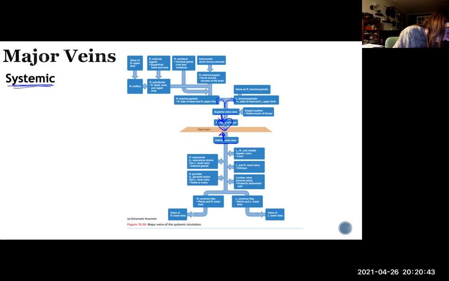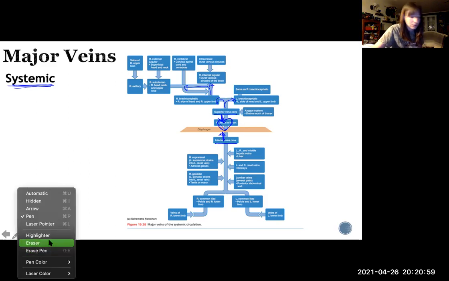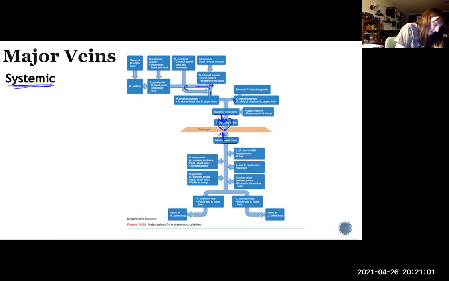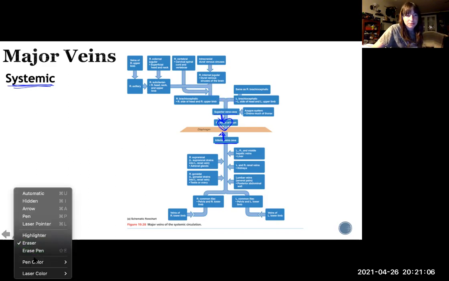The right brachiocephalic vein is going to split and become the jugular and the right subclavian vein. That subclavian vein will continue to, oh shoot, let me draw my arrows correctly. I got into a bad habit there, pardon me.